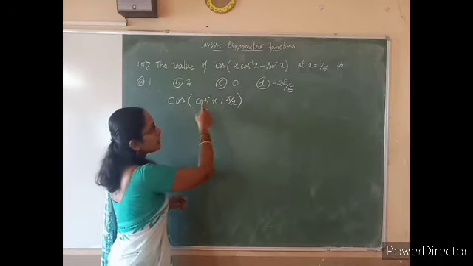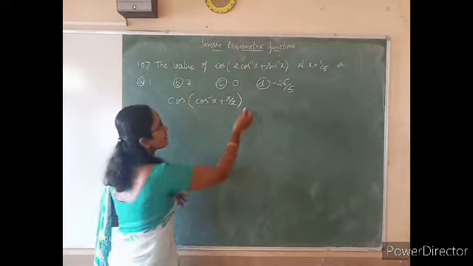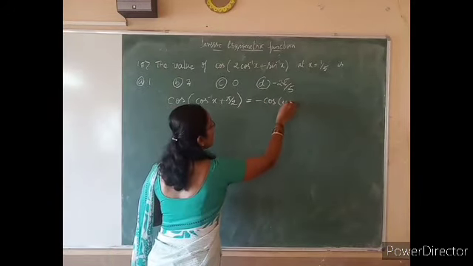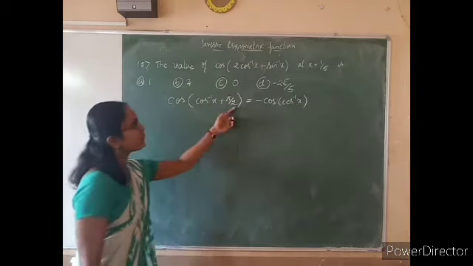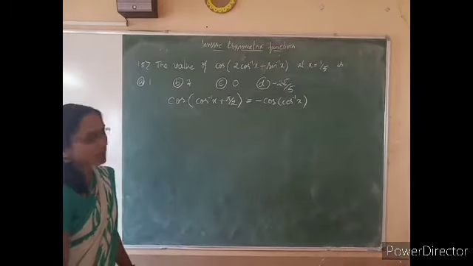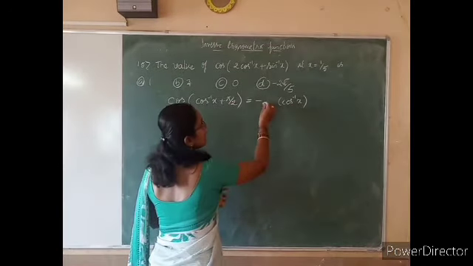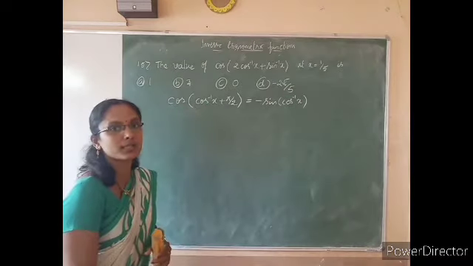Cos of 90 plus theta is equal to minus sin theta. So this is minus sin of cos inverse of x.